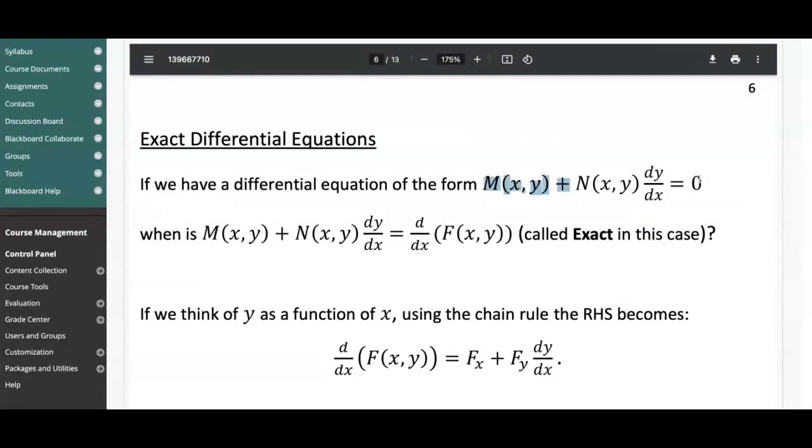If we move this one to the other side, we get some function in terms of x,y. And if we multiply dx on both sides, we would get some function of x,y dy equals another function of x,y dx, right?